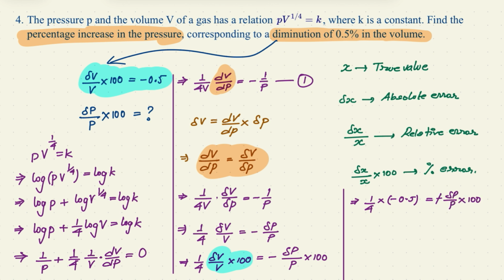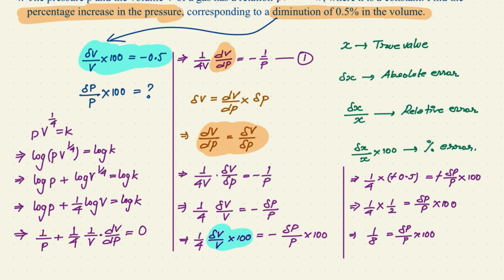So here minus and minus got cancelled. So this implies 1 by 4 into 0.5 is 1 by 8 equals to del P by P into 100, and hence del P by P into 100 will be equal to 1 by 8, which is 0.125. And since this is a percentage increase, we will write the answer in percentage.